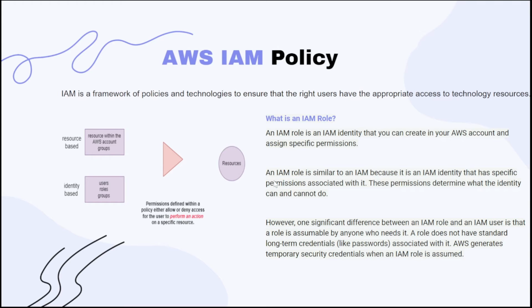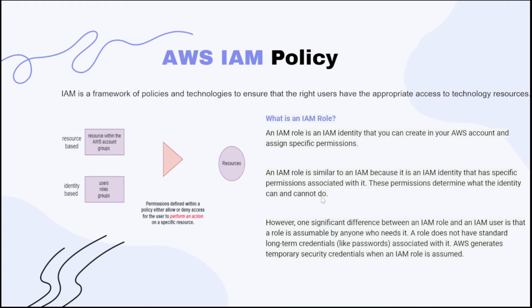So an IAM role is similar to an IAM user because it is an IAM identity that has specific permissions associated with it. These permissions determine what the identity can and cannot do. So a role is a set of permissions.